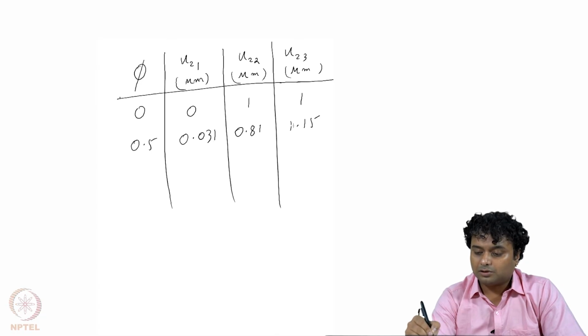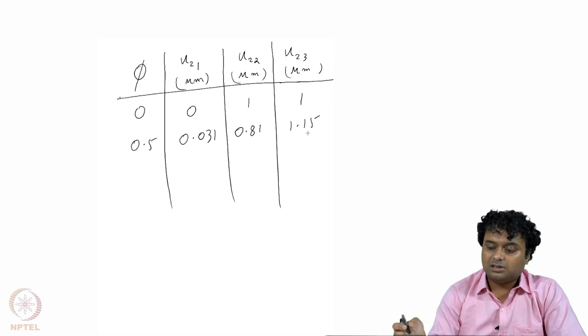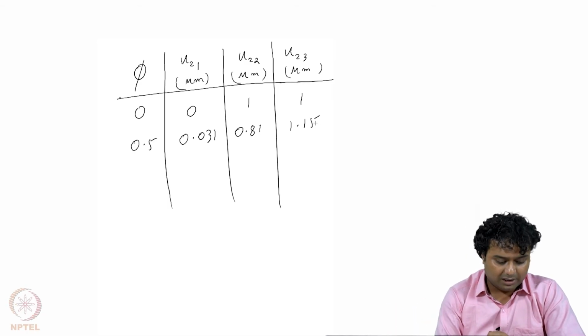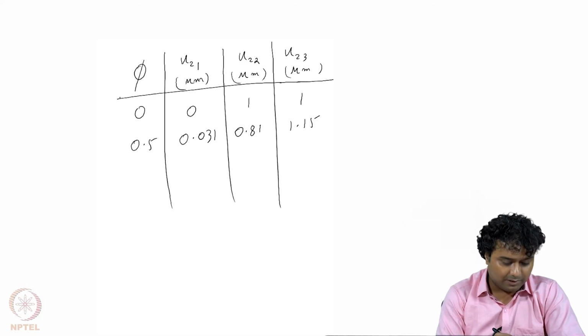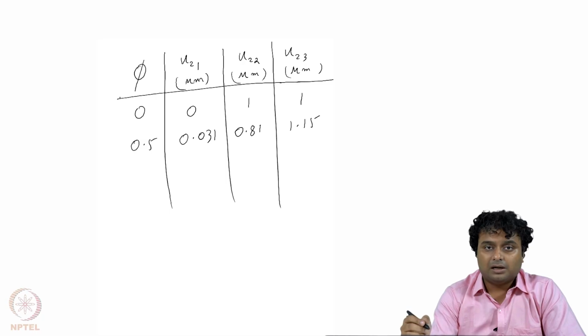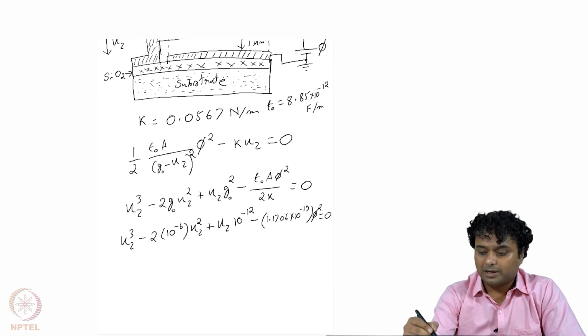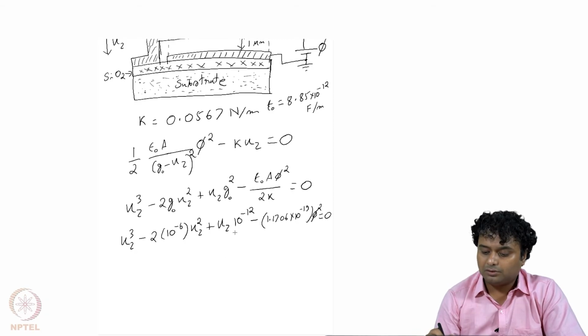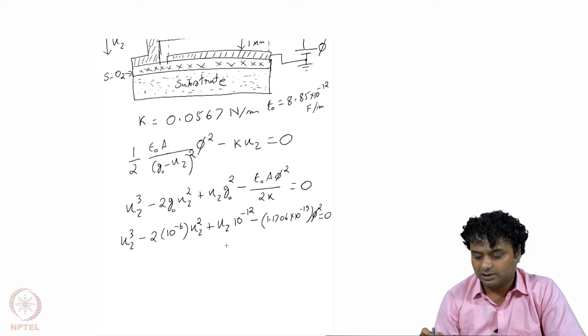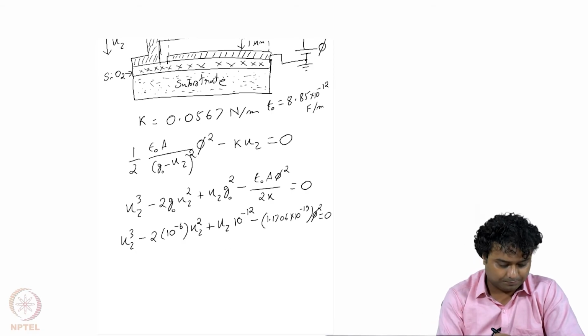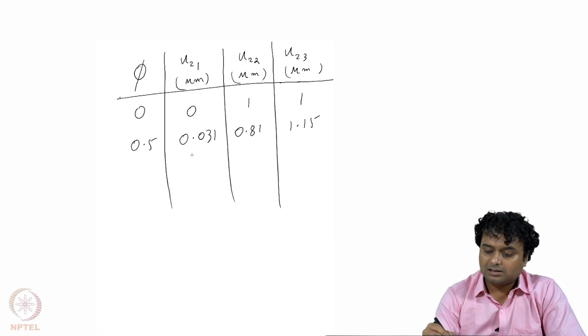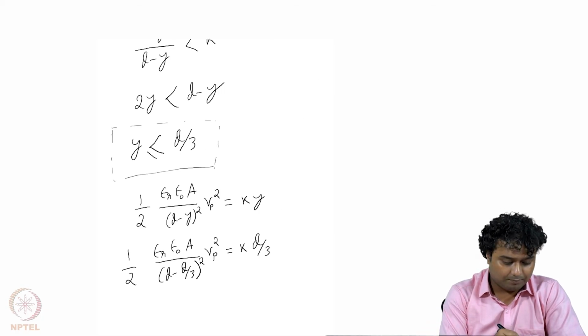The second root also is possible, but the third root is 1.15 micrometer. As the gap itself is 1 micrometer, 1.15 micrometer deflection is not possible, so this is one of the impossible roots. Mathematically you cannot avoid this root, but from physical interpretation you know that more than 1 micron deflection is not possible because the gap itself is 1 micron, right? But while putting it into this equation, we are not considering a maximum value of uz, so you can get that root.